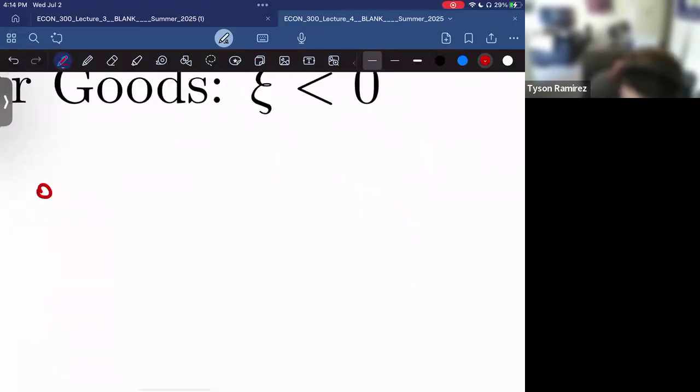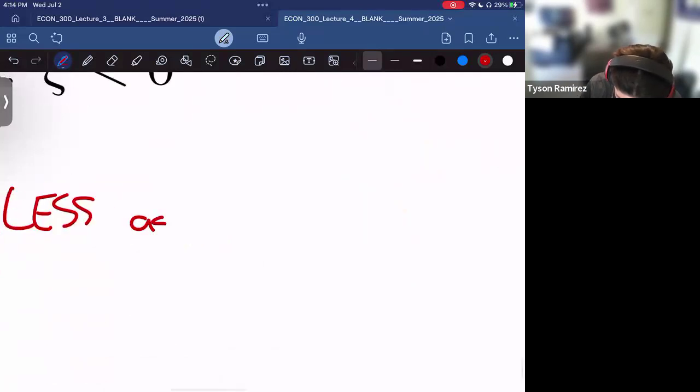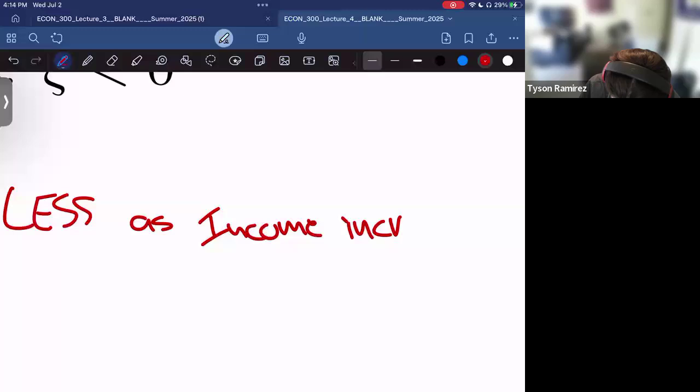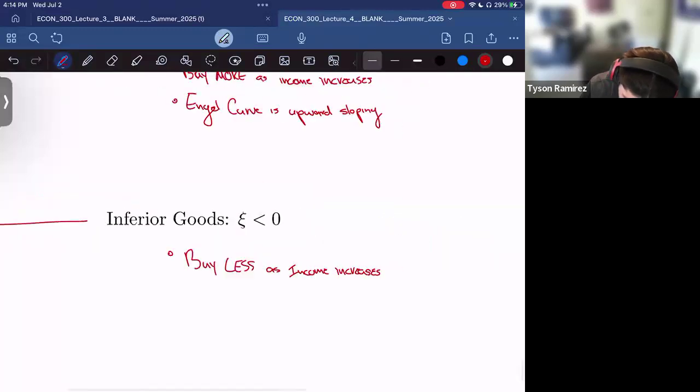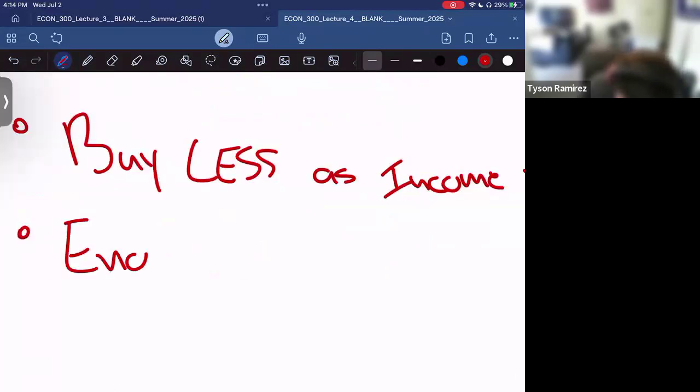Meanwhile, for an inferior good, a generic good, you're going to buy less as your income increases. As you become richer, you buy less of this stuff. In this case, the Engel curve is downward sloping.